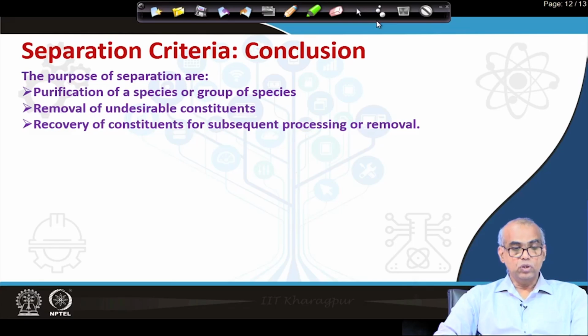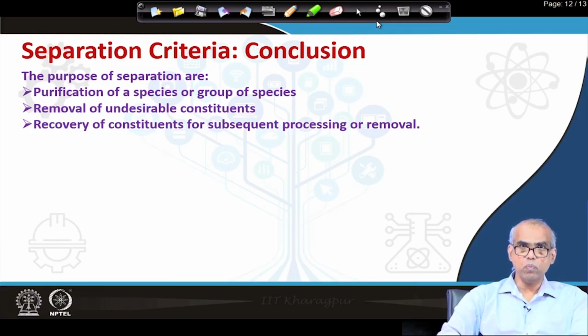So, to conclude separation criteria, the broad purposes of separations are purification of a species or a group of species, removal of undesired constituents, and recovery of constituents for subsequent processing or removal.